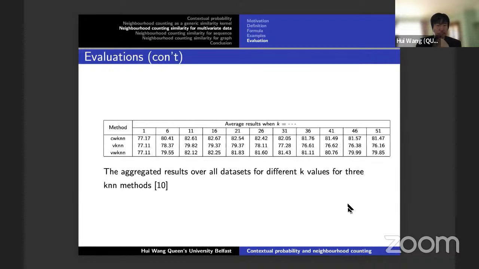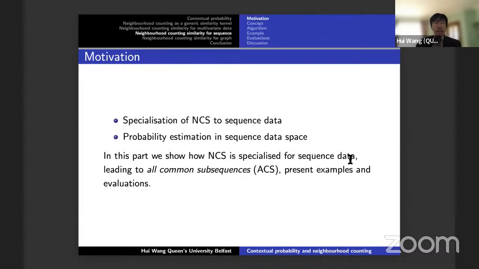And that is some statistics numbers. As the k value increases, we can see a trend. Okay, I need to quickly move on to the next topic.